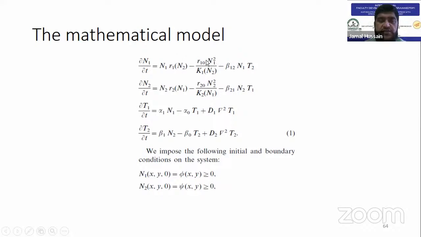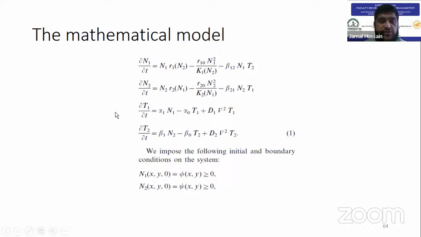So this is a logistic type of growth model equation, and K1 is the carrying capacity of this species N1. Of course, the carrying capacity also will depend on N2, because the interaction is such that its growth depends on N2.